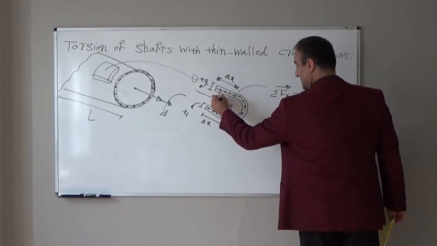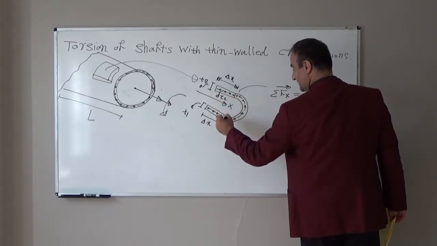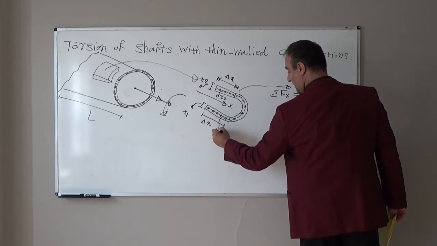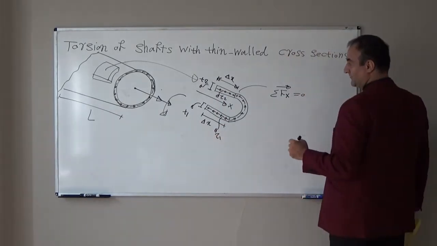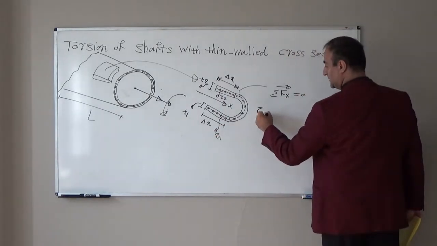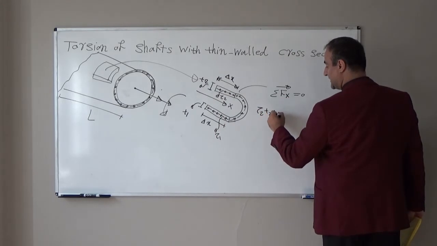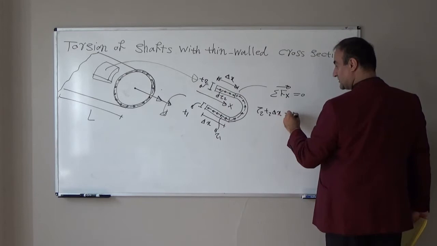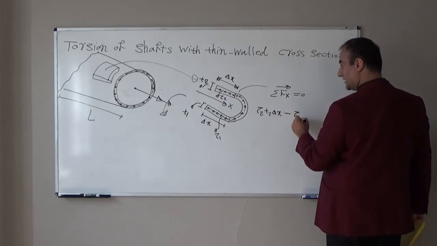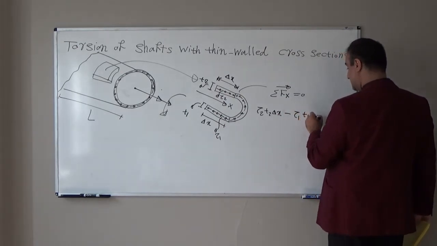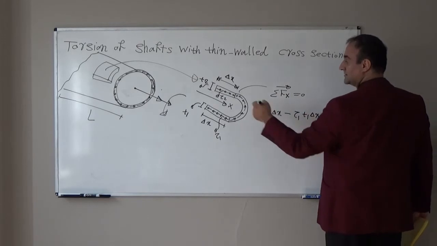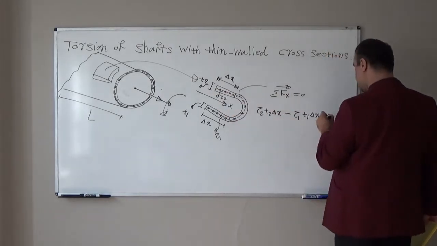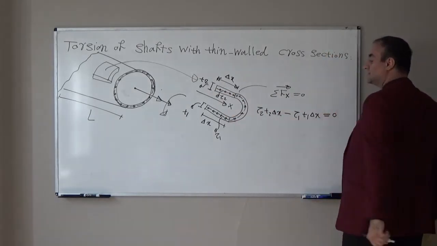This shear stress, I assume it is tau 2 and this is tau 1. What will be the forces? Tau 2 T2 delta x, force in the positive direction, minus tau 1 T1 delta x. This is F2, this is F1, should be equal to 0.